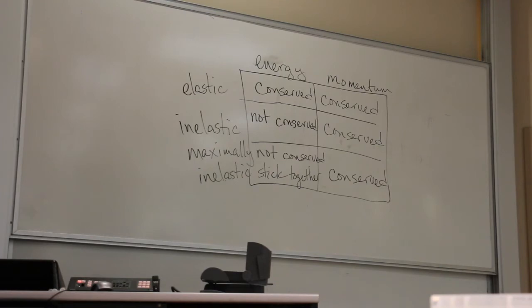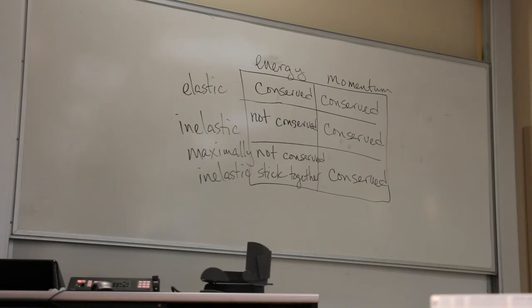I don't mean if you assume there's no air resistance or a frictionless floor. In real life, momentum is conserved, even if there's explosives involved. It's always conserved. And that's why whenever we have a collision, we use momentum to solve that problem.